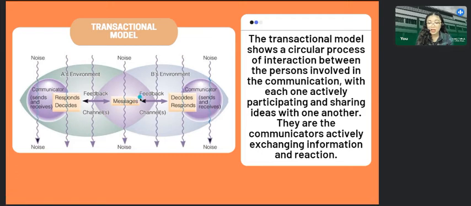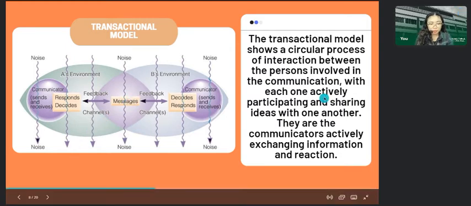It means that in this model, the receiver and the speaker can change their roles as communicators. What does it mean, Miss JB? It means that the receiver can be the speaker also. The speaker can be the receiver also. Okay, that's why they can change their roles as communicators.